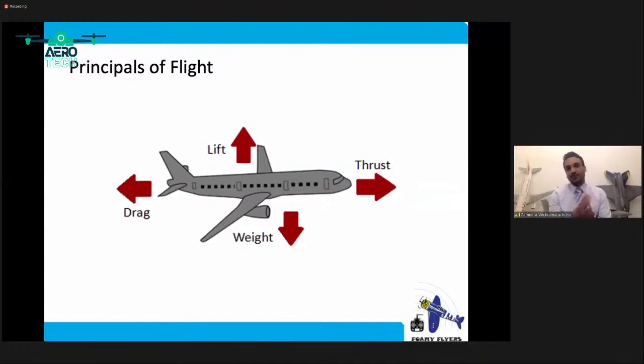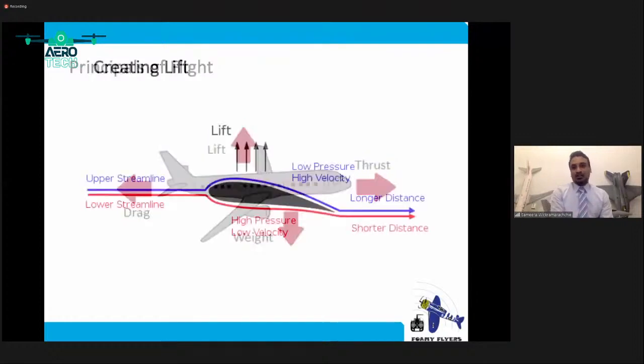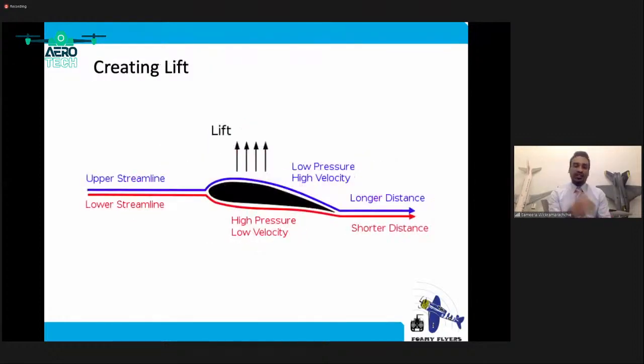Normally, the higher the thrust you have, the higher the drag. It's like Newton's third law. But I'm not going to go into a lot of detail, let me just be very brief on these things. Right, so now you know that you have 4 forces: lift, weight, thrust, and drag. So how is lift created? How does a wing create lift?